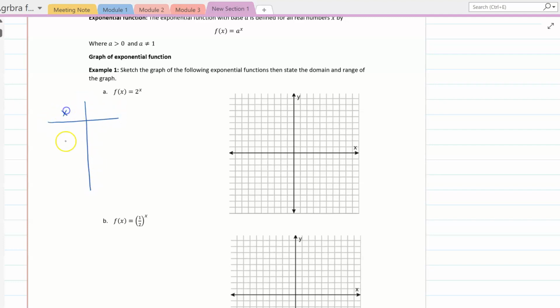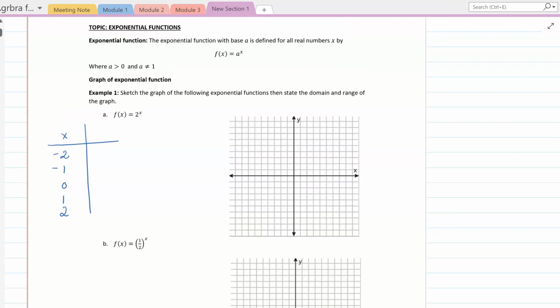We choose the values for x as follows: -3, -2, -1, 0, 1, 2, and you can pick pretty much any other number you like, because the exponential function with base a is defined for all real numbers x, which means x can be any number that you like.